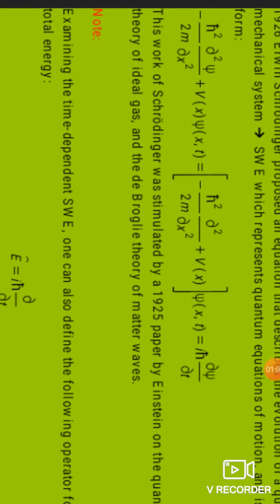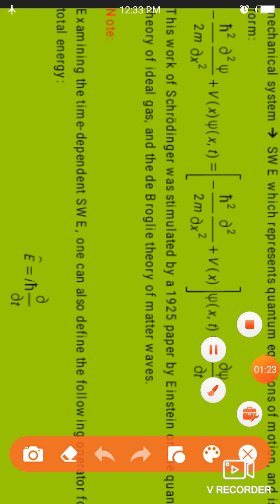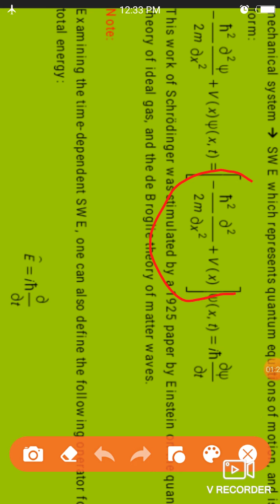Here we see on the left hand side we have minus h cross squared upon 2m, del squared upon del x squared, plus V(x). Here we can say that this is an operator, and it operates on psi(x,t).